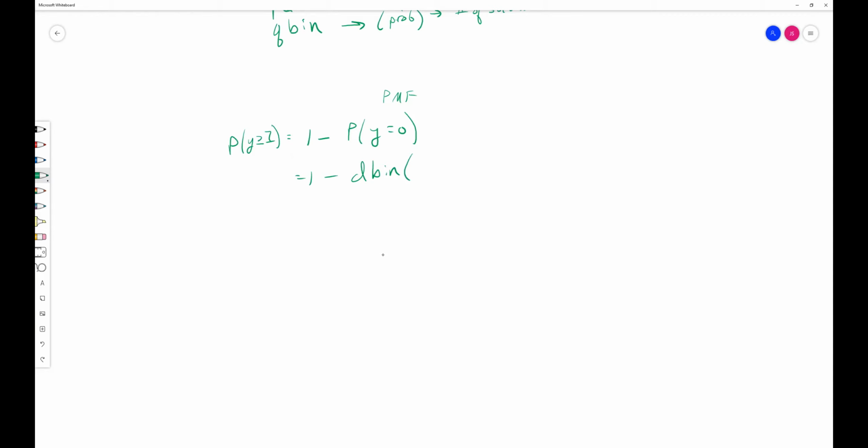And then we put in whatever y value in here, n, and then p. So this is our probability that we already calculated. This is the number of trials, and this is what y is equal to, the number of successes. So this would be 1 minus dbinom, 0, 5, and then 0.0228. And that's going to give us the same answer that we got, so 0.11.